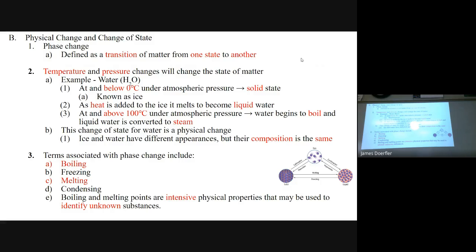The change of state is a physical change. Although in our example, ice, liquid water, and steam or vapor may be different in appearance, their chemical composition is still the same. It's still H2O.